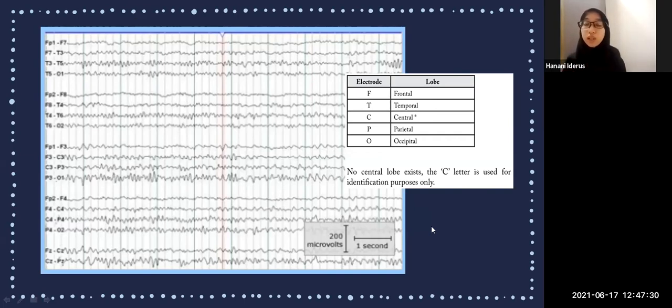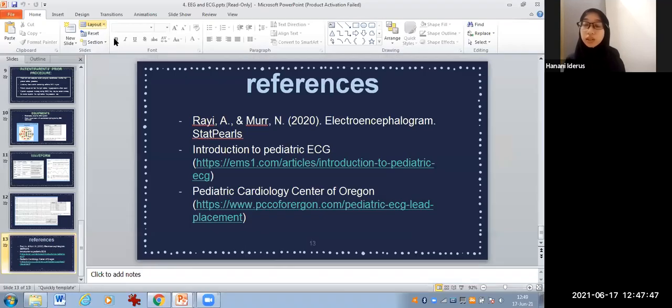So maybe they will need to measure the exact location first. They will still use the 10-20 system, but maybe the distances will be different compared to a patient with normal head size.